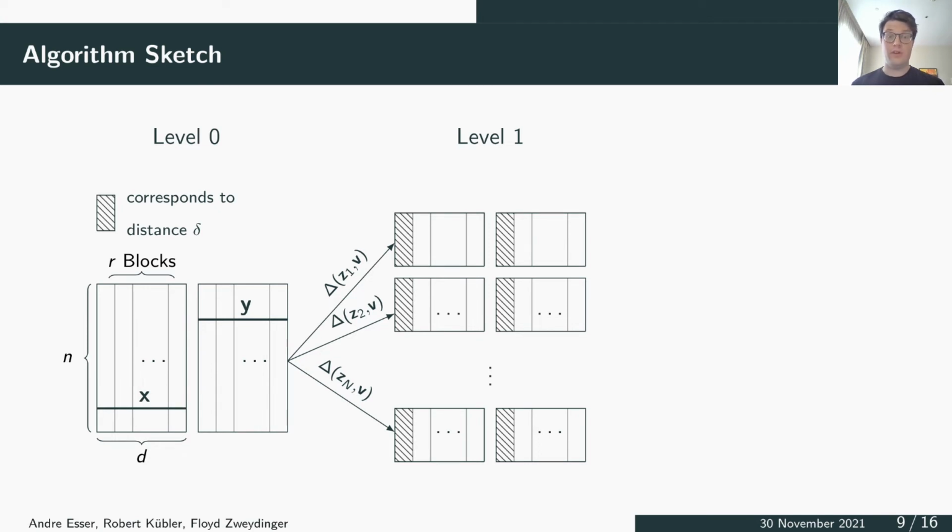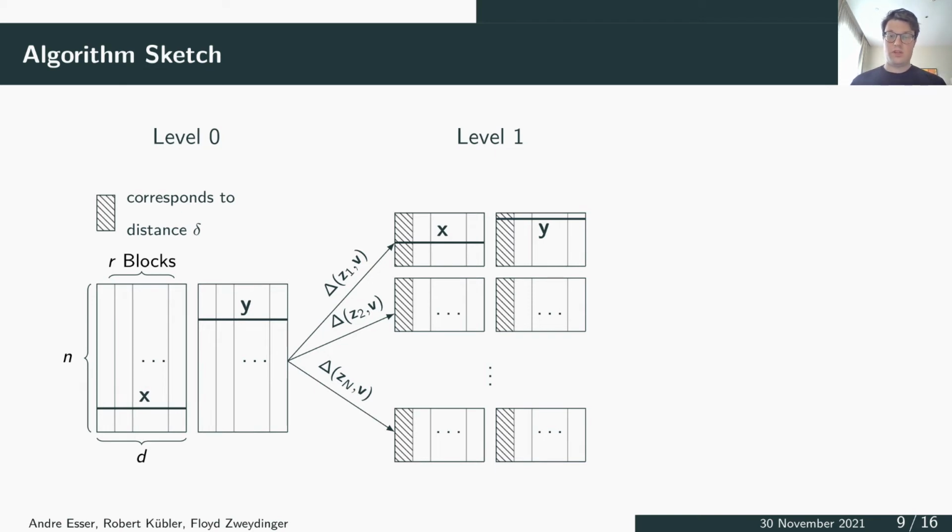Note that in the first level we always enforce distance delta on the first block. And obviously we do hope that the two elements we are looking for, x and y, do survive in the same block. Note that because of the probabilistic nature, this must not happen. This can happen, but it doesn't have to.